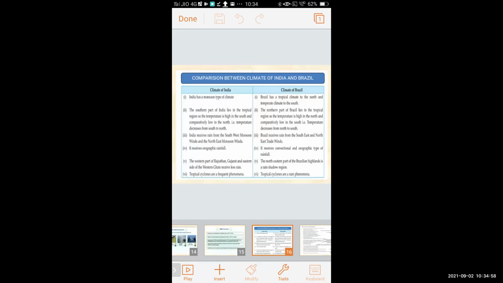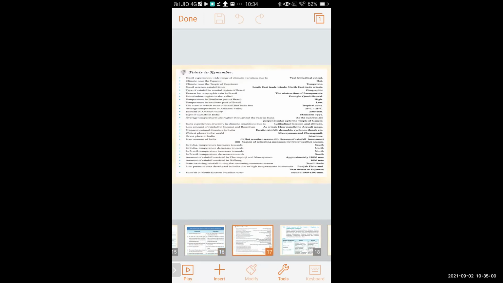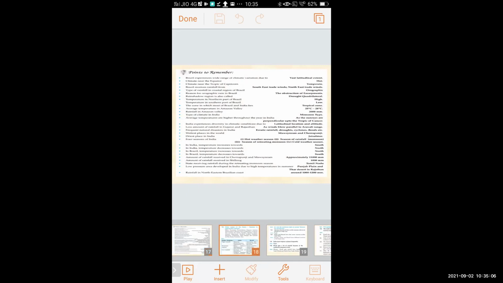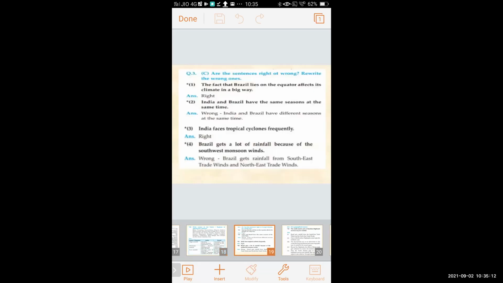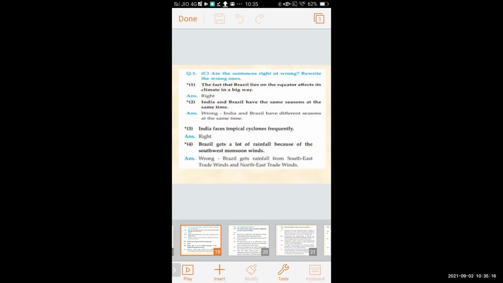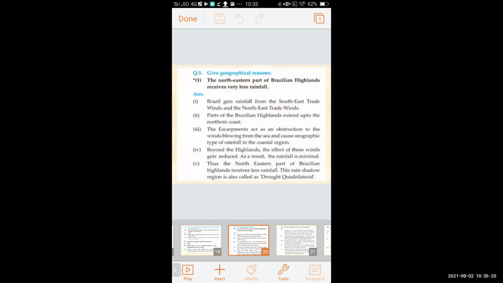So in this way, today we have learned about the points to remember related to the lesson climate of India and Brazil. Then we have seen the question answers related to the states and regions with high rainfall, moderate rainfall, low rainfall. Then we have studied some sentences related to right or wrong. Then we have seen the give reason. The northeastern part of the Brazilian highland receives very less rainfall.